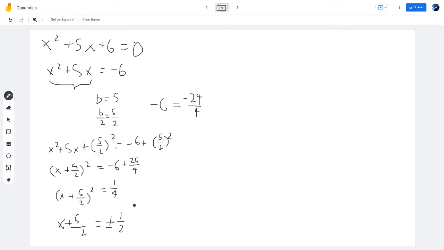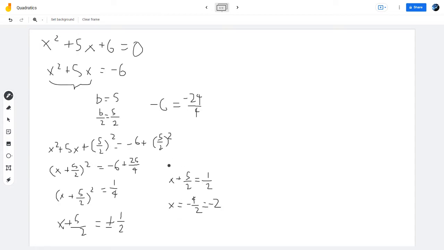Because square root generally means positive, but in this case we want both the positive and negative part here. So if x plus 5 over 2 is equal to 1/2, then we just get x is equal to negative 4 over 2, which is equal to negative 2.